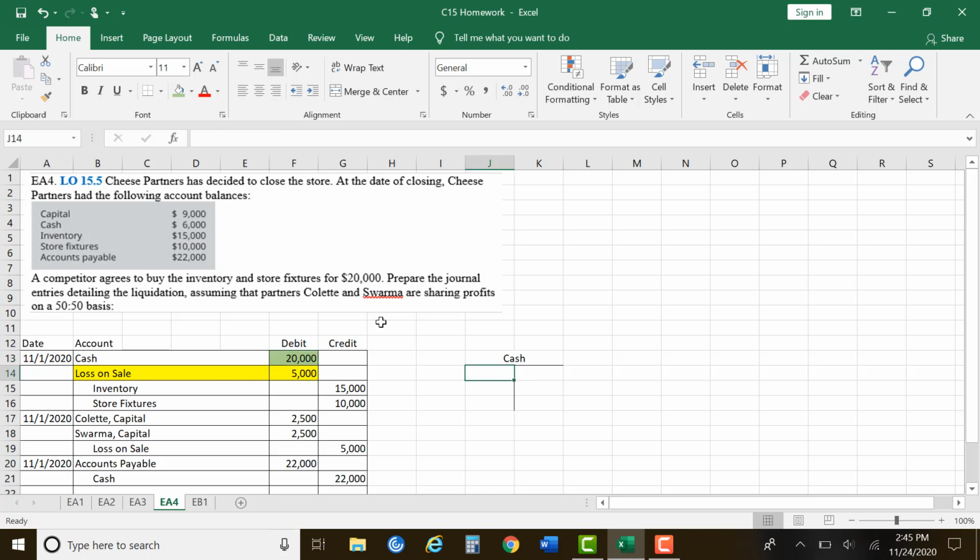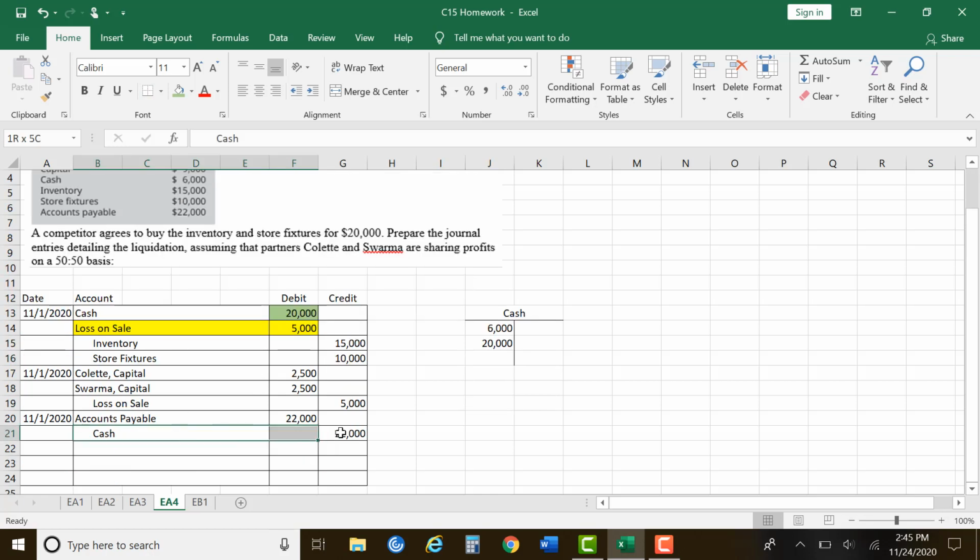Well, let's put our beginning balance. We had 6,000. And then we sold some stuff, so we had 20,000. Then we have 22,000 down here. So we're going to credit that because we paid off the bills. So our balance is going to be $4,000.